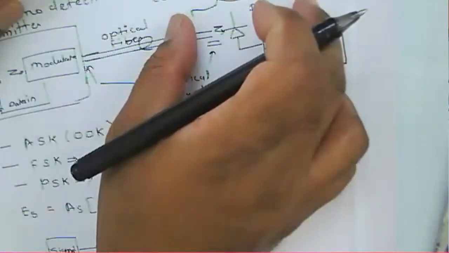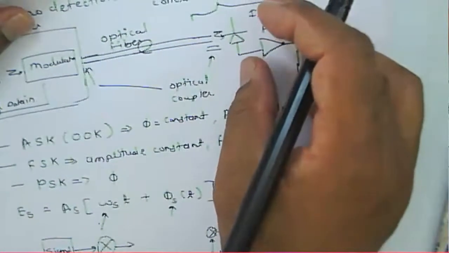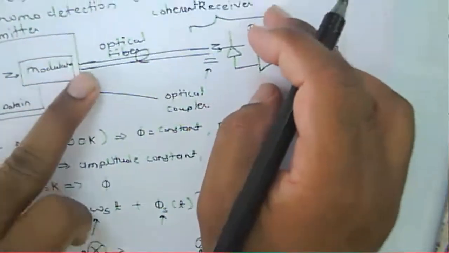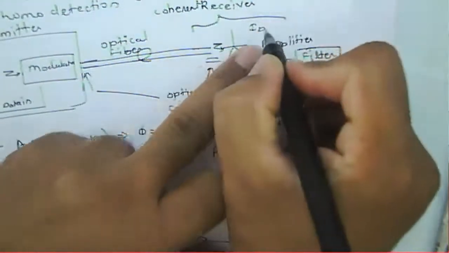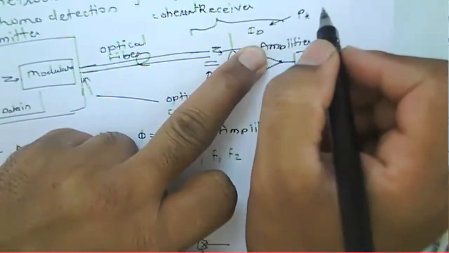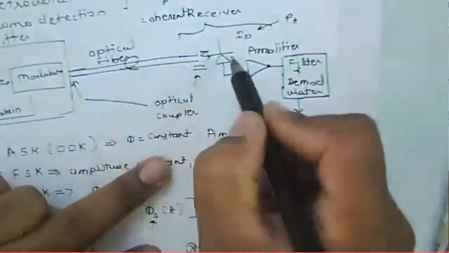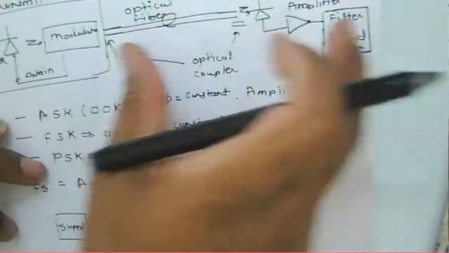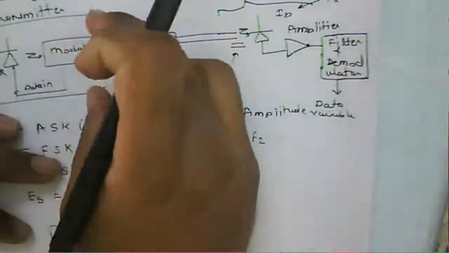So at the receiver, the optical power received at this particular place depends upon what light is propagating through the fiber. So we can say that the current is there, or we can find it in terms of power, and that power depends upon the light here. That's why, as we said earlier, it is nothing but light intensity modulation, because light is propagating through it and we are just modulating the signal.